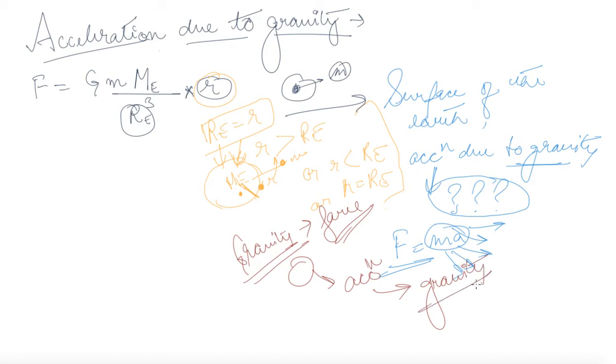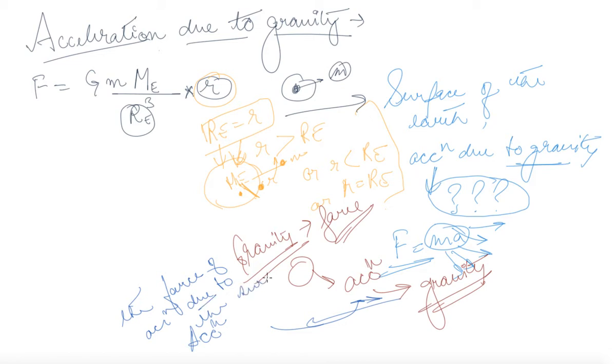Now we have defined what gravity is. If you want a definition, you can define gravity as the force of acceleration, or simply the acceleration due to the surface of the earth.